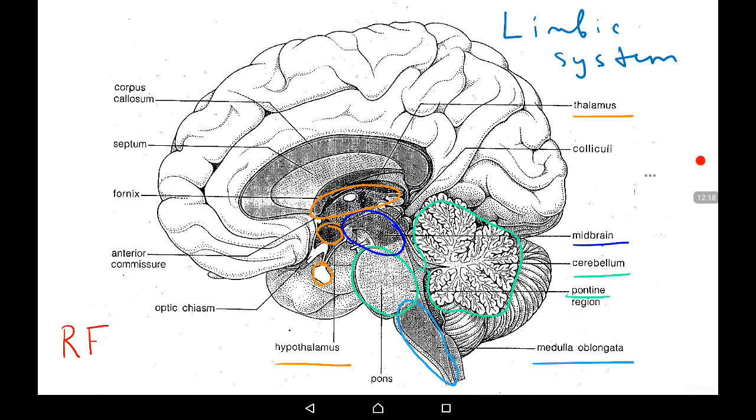These structures include not only hypothalamus but also the septum, amygdala, which is the center of fear and aggressive responses, hippocampus, the relatively big structure which also takes part in the memory formation, in the saving of information, especially in the short-term memory.